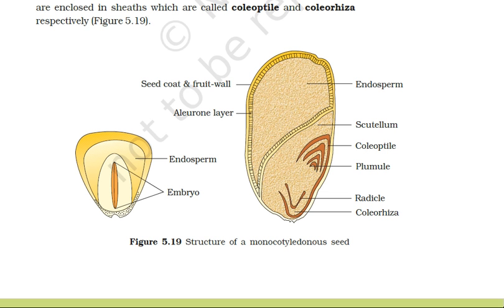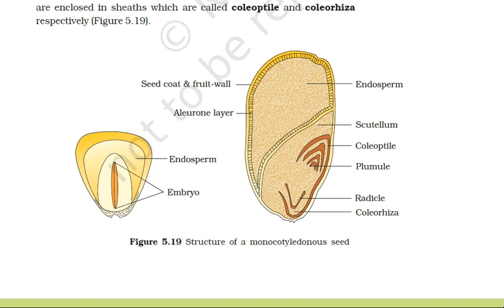A is the external view and B is the LS of the grain. In the LS of the grain you can see that the seeds are endospermic, with endosperm, but some are also non-endospermic, without endosperm. Example, orchids.